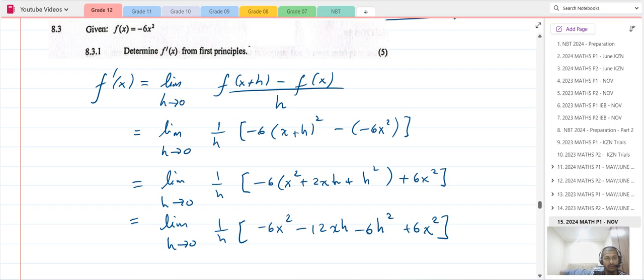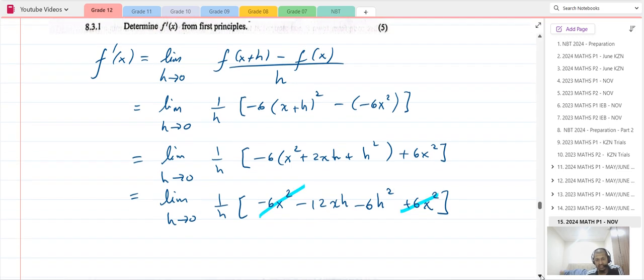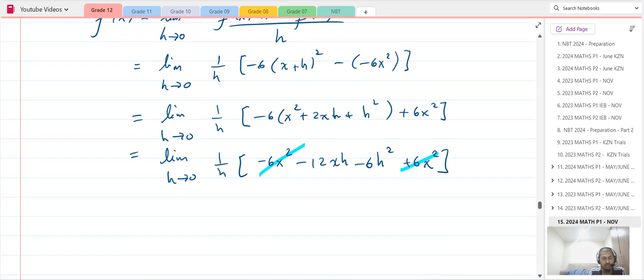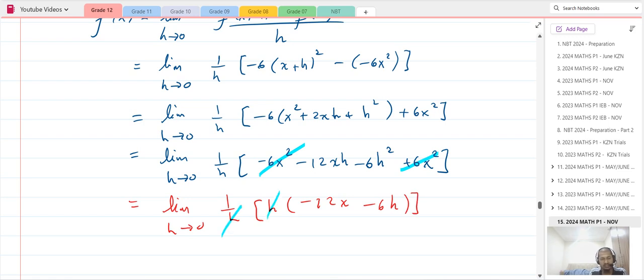Now what we can see is that these two terms cancel out, right? So we can take out h as a common factor as well. So what we have is limit 1 over h into, take out h as a common factor, we're left with minus 12x minus 6h. Right, now we can see the h and the h cancels out.